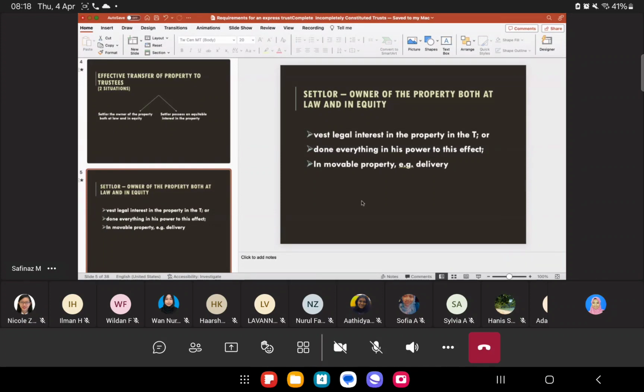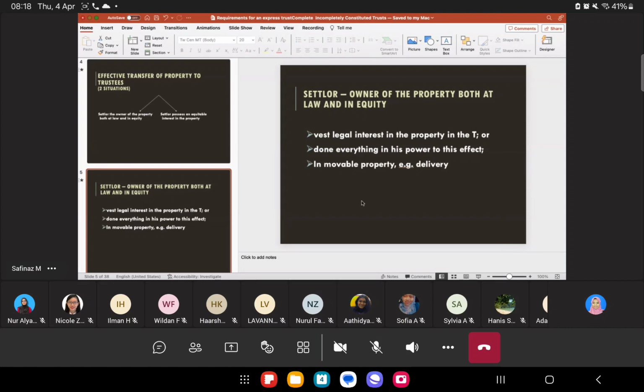How do you ensure that the trust is completely constituted? We must vest the legal interest of the trust property in the trustee, or if you do not do that, you must have done everything in your power to vest your legal interest in the property in the trustee.